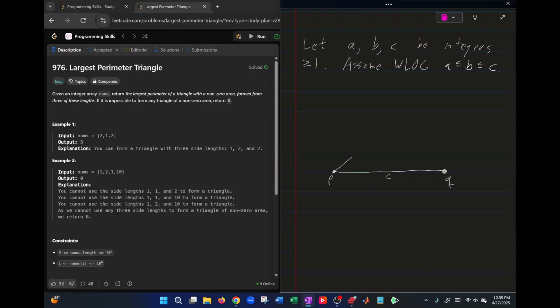Let's say that this is an example of a line segment with length A, and this is an example of a line segment with length B.